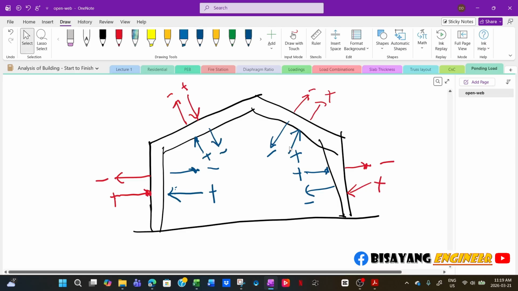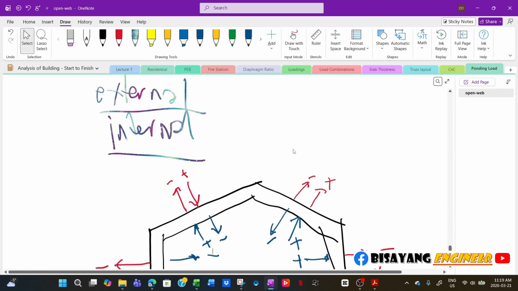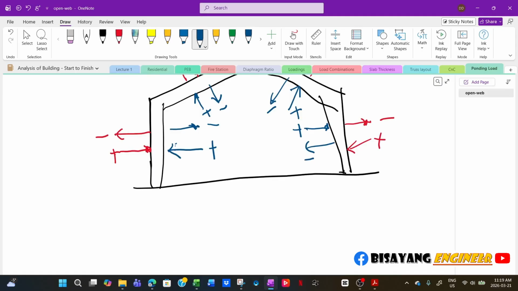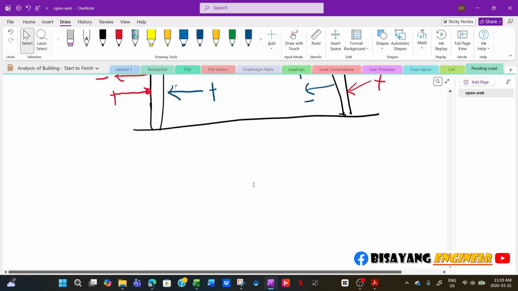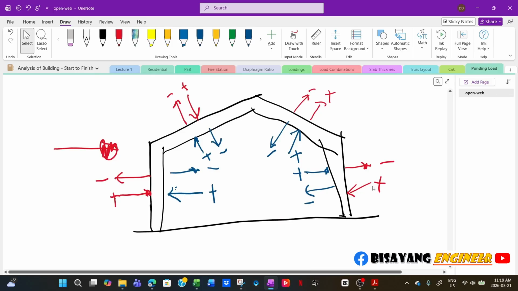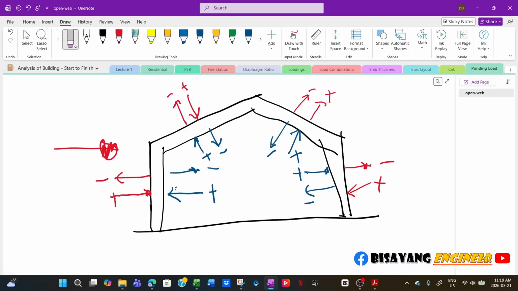Now when you analyze, say, the windward direction from left to right, so assuming our wind is in this direction, what will happen is your frame, right? Let's just hide this one.